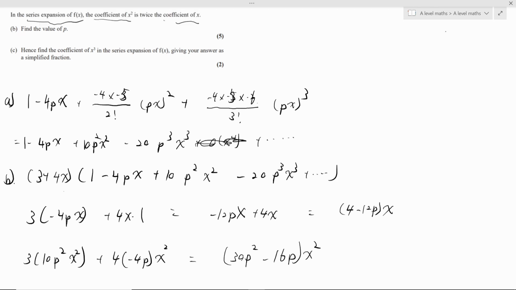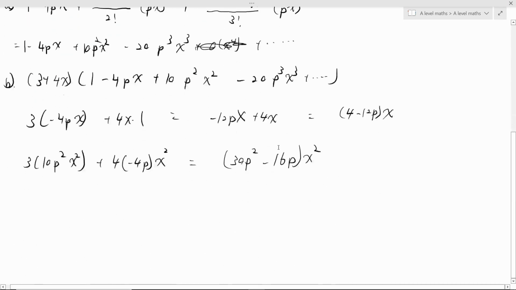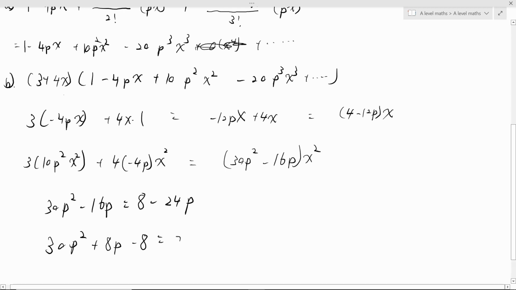Let's re-look at this statement: the coefficient of x squared is twice the coefficient of x. So 30p squared minus 16p is equivalent to twice (4 minus 12p), that is, 8 minus 24p. Great, so this is your statement here. Rearrange it: 30p squared plus 8p minus 8 is 0.